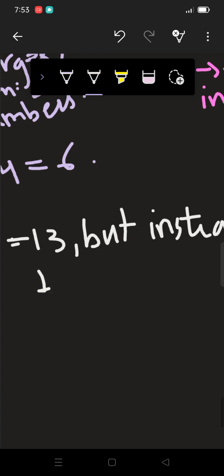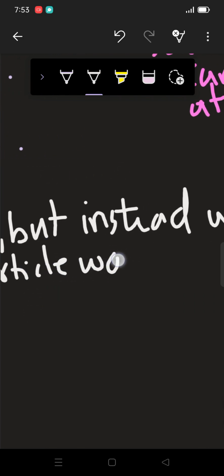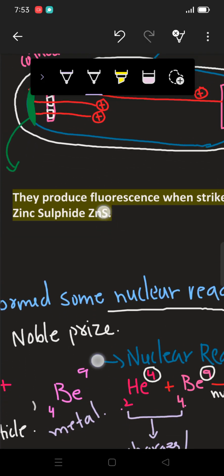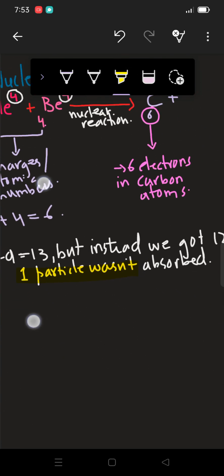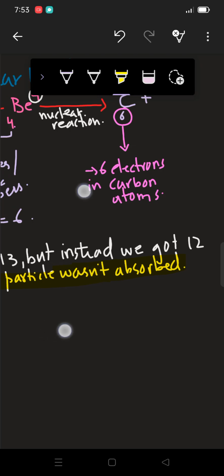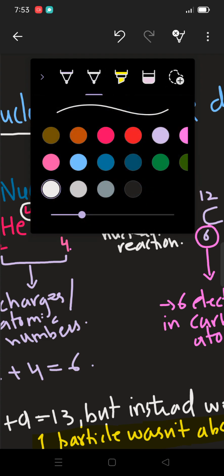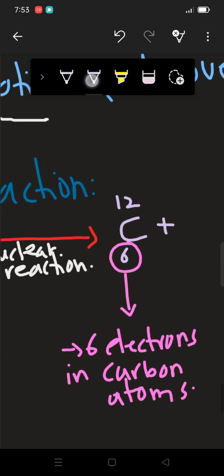One particle wasn't absorbed. See, 9 plus 4 must be 13, but instead we got 12. Means one particle was remaining.